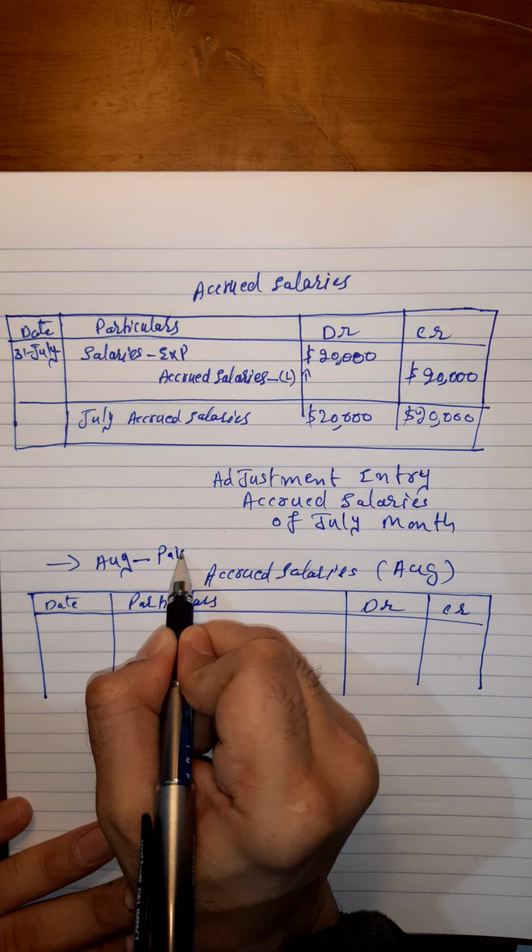Okay, on 31st July we did not pay salary, so we will do an entry. If we did not pay, we will not do an entry? No, it's not like this. We did not pay the salary, but we will do the entry.